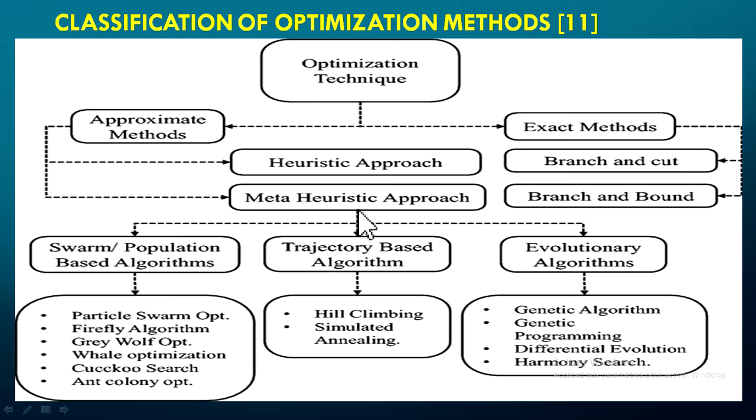In the meta-heuristic approach, we have three subclasses. We have the swarm population-based algorithms, like particle swarm optimization, firefly algorithm, or gray wolf optimization, etc. In the second subclass, we have the trajectory-based algorithms, like hill climbing or simulated annealing, which is our subject.